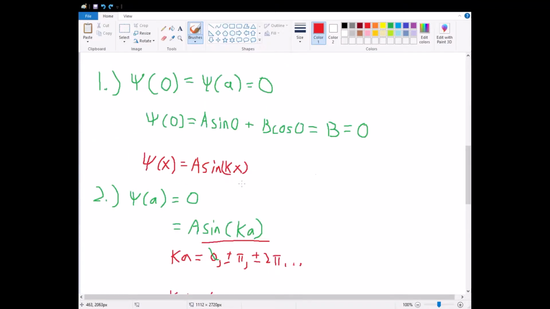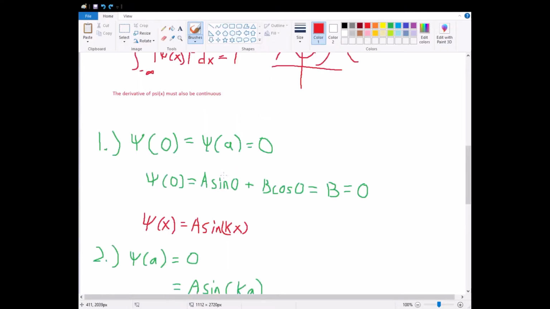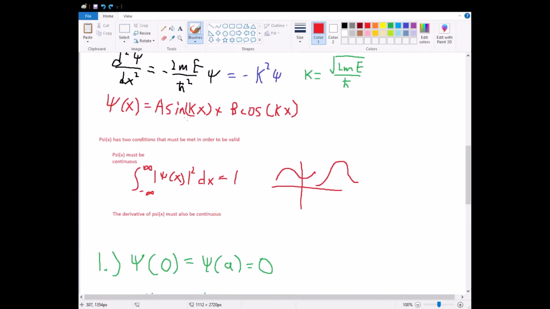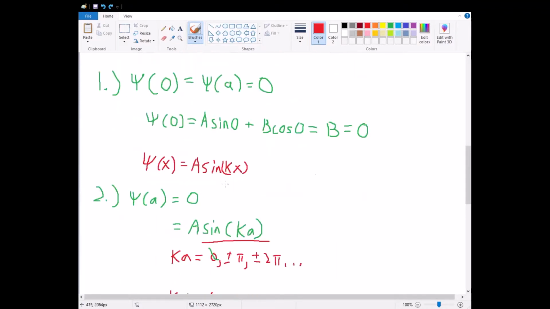So normally k is something that's given to us for a harmonic oscillator. We know what it is because it's generally the spring constant, which is a constant we know. In this case, we don't actually know what k is. k is some constant that is dependent on the mass of our particle, the energy of our particle, the reduced Planck constant, etc.